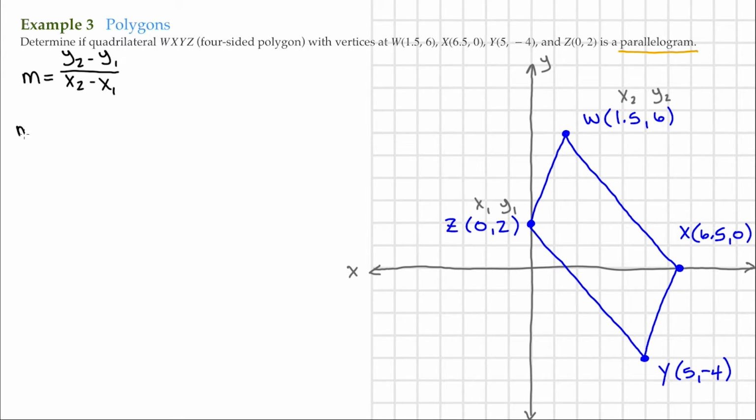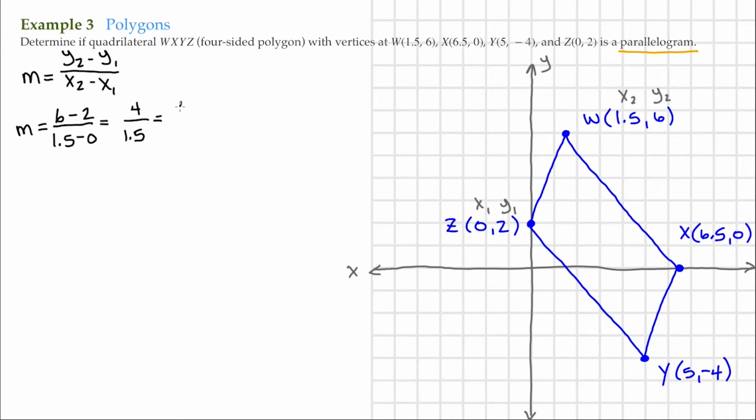So M is equal to 6 minus 2 over 1.5 minus 0. 6 minus 2, that's 4. 1.5 minus 0, that's 1.5.